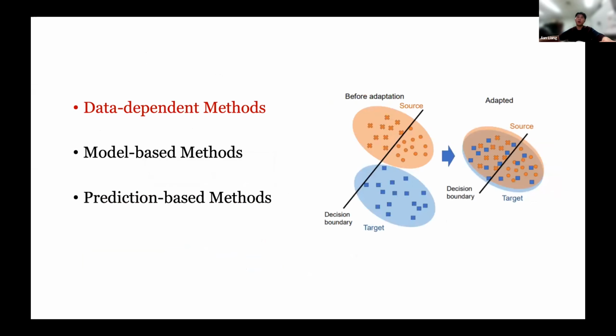For all of these different categories of domain adaptation, the key idea is to align the feature representation from the source domain and the representation from the target domain.